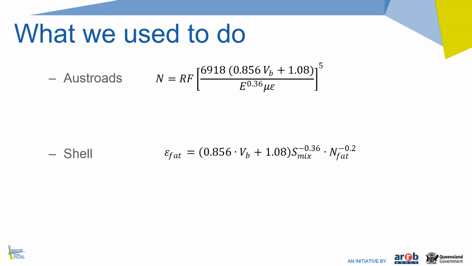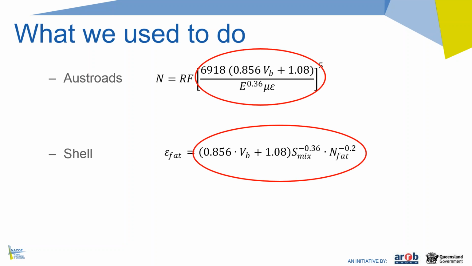Basically it says that the number of cycles to fatigue failure in the field is a function of the volume of binder in your asphalt mix, the modulus or stiffness of the material, that's the E there, which means you can take into account changes in temperature and load frequency, as E is a function of that, and the strain level at the bottom of the asphalt layer. The bottom equation here shows the Shell laboratory model.